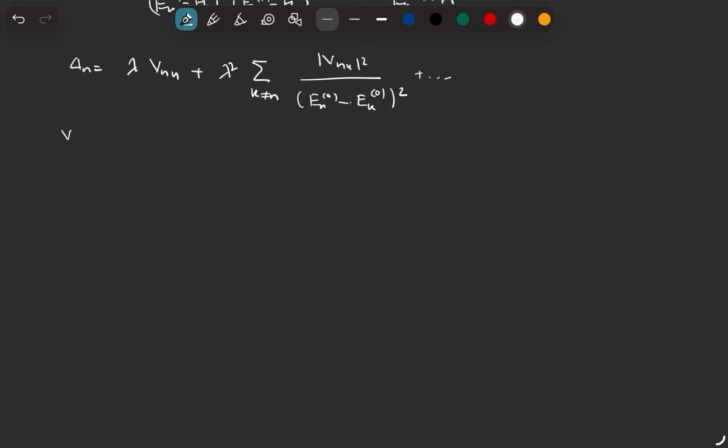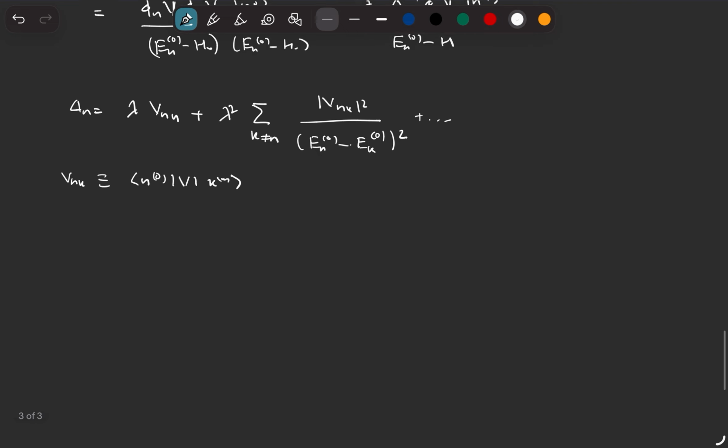And V nk is actually defined as n0 V k0. Okay, so this is the second order correction, and then you will have third order and all the higher order corrections.